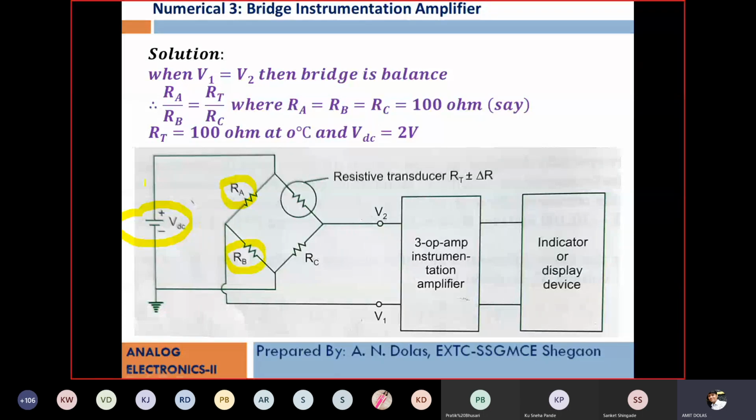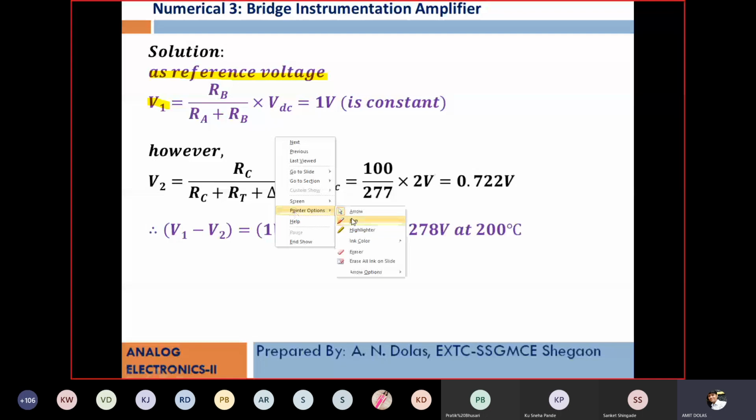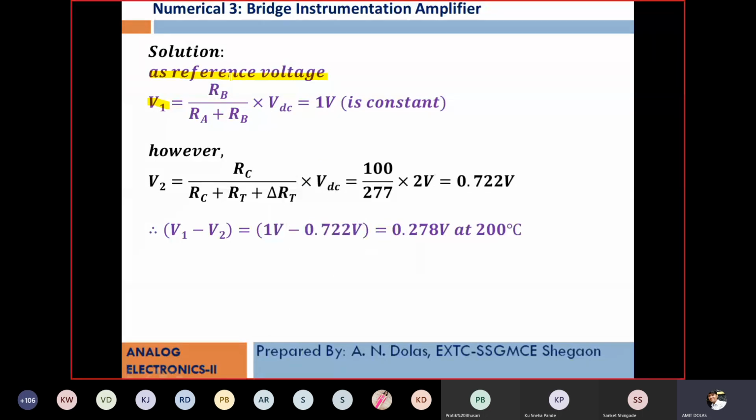We know VDC is fixed at 2 volt, RA is fixed at 100 ohm, there is no temperature effect on RA. RB is also fixed at 100 ohm, no temperature effect on RB. Therefore, whatever voltage is developed across the V1 terminal will be constant, that is RB upon RA plus RB into VDC, equal to 1 volt. We already calculated this.